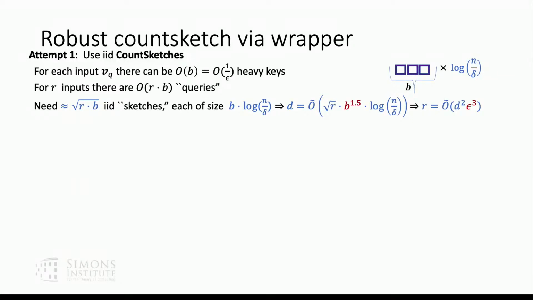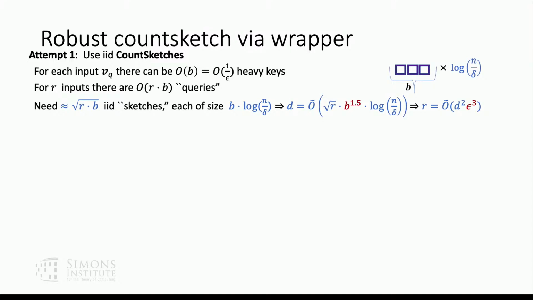So we lose a little bit here. We need the square root of that with the robustness wrapper IID sketches of that size. And then if we plug it all in, with a sketch of size D, we can answer D squared epsilon cubed, we can process that many different inputs.